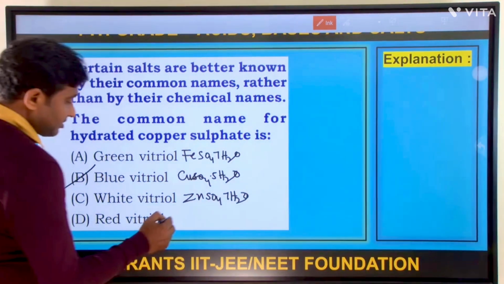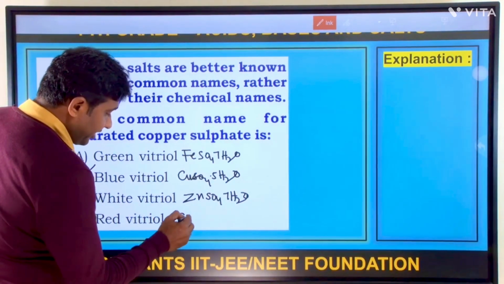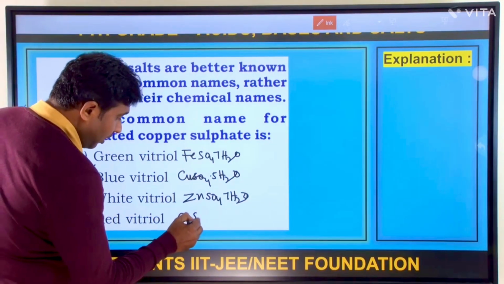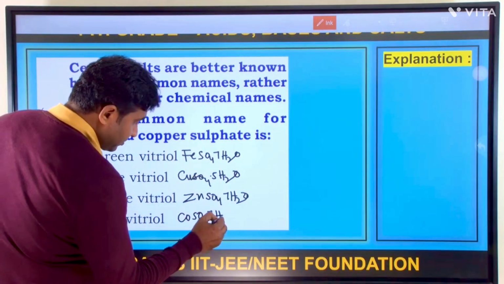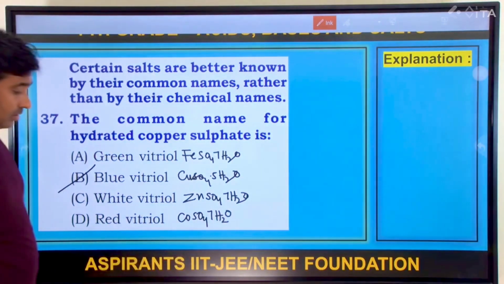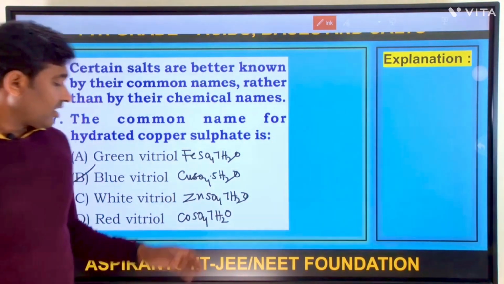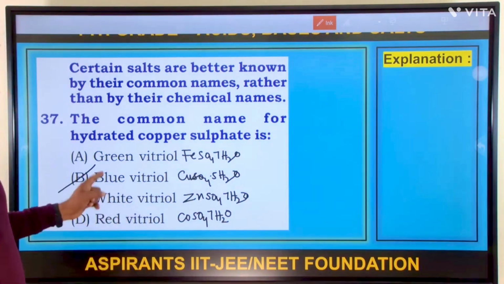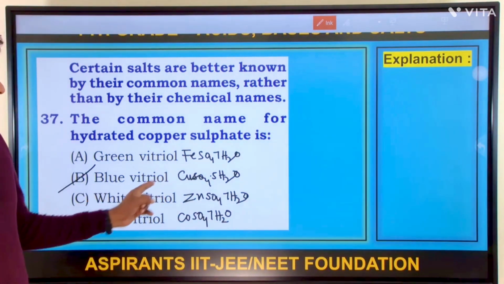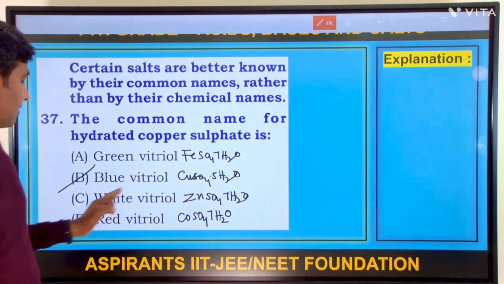Red vitriol means cobalt(II) sulfate heptahydrate, CoSO4.7H2O, otherwise heptahydrated cobalt sulfate. So the common name of pentahydrated copper sulfate is what? Blue vitriol.